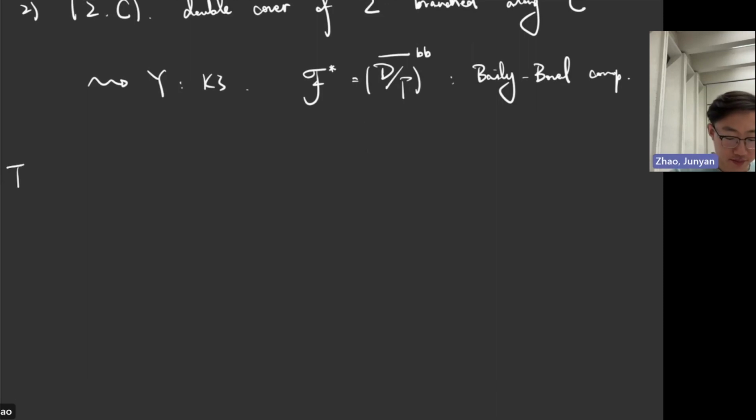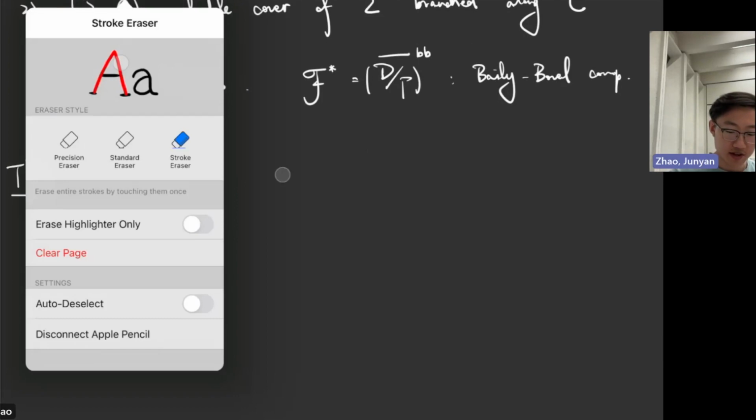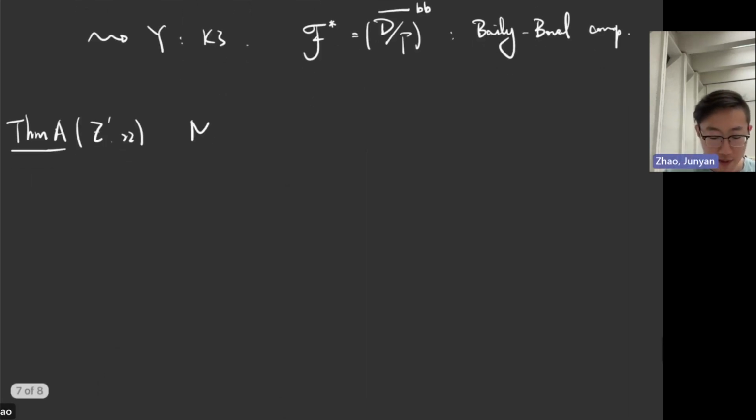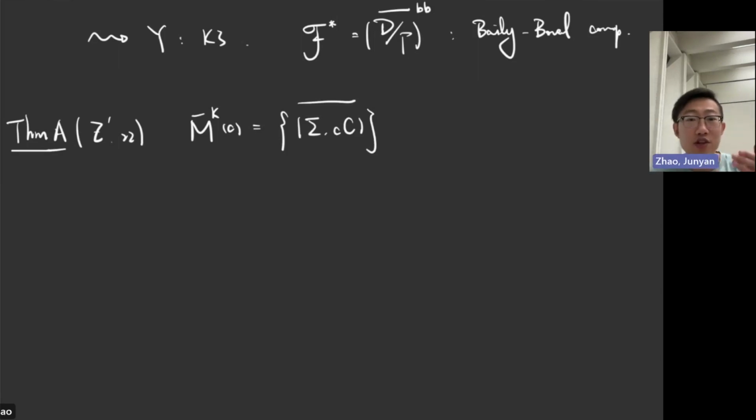So here's our theorem. Let's call this theorem A. Again, remember that our K-moduli space, for simplicity, is the closure of the pairs (Sigma, C) with coefficient c.